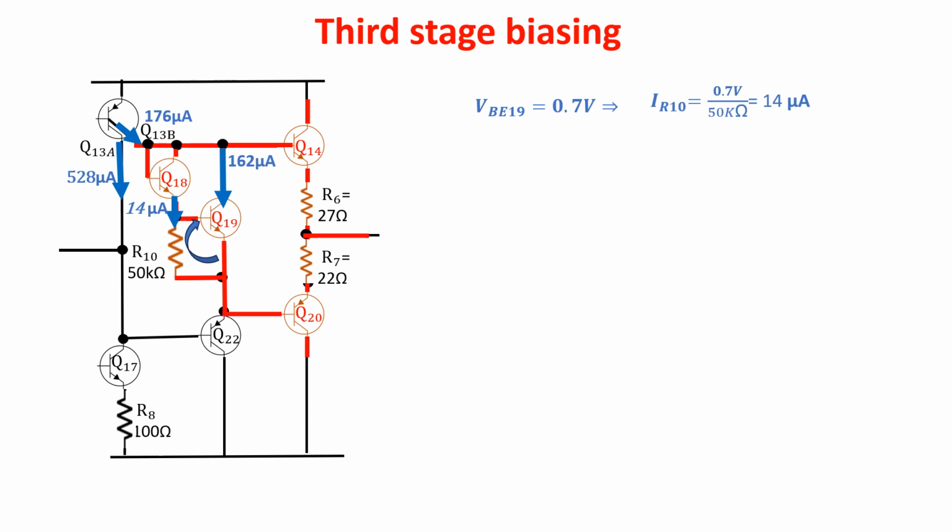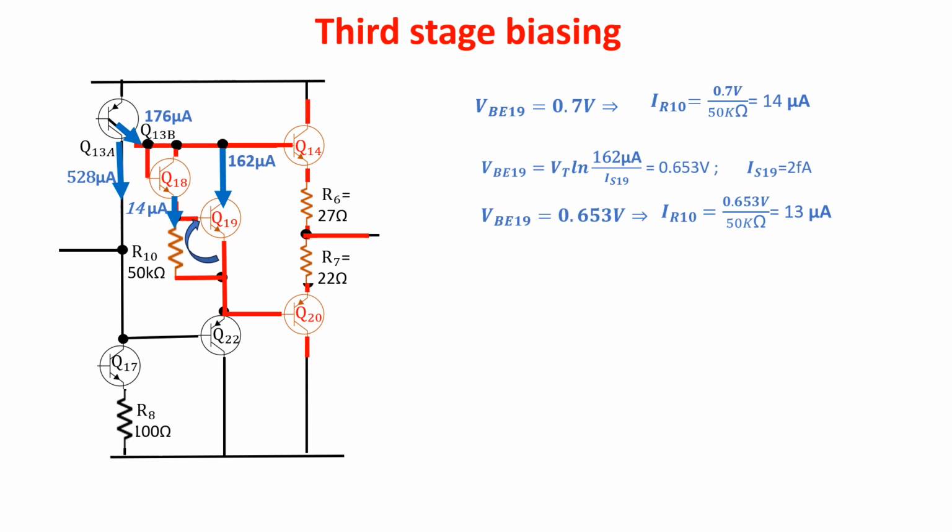But if the current in Q19 is 162 microamps, then VB19 is this. So considering 0.653 volts instead of 0.7 volts, we get 30 microamps flowing in R10, and considering 1 microamps as Q18 base current, we keep 14 microamps as Q18 current.